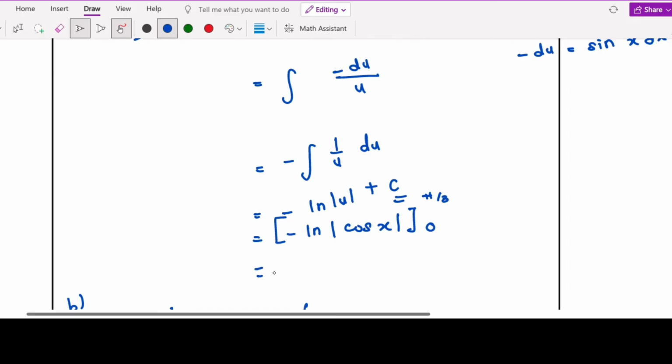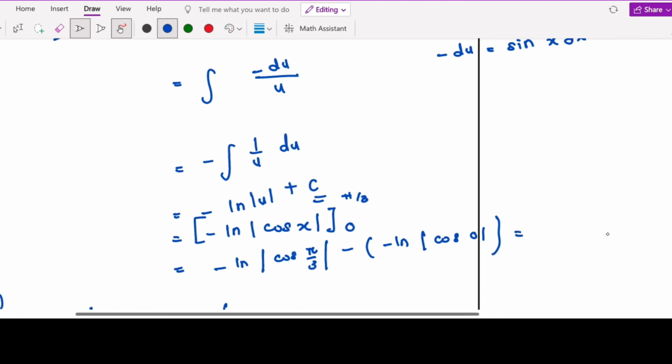Show the substitution of the values: negative ln cos pi over 3 minus negative ln cos 0. It is actually equal to 0.6931. So this is the value of t.